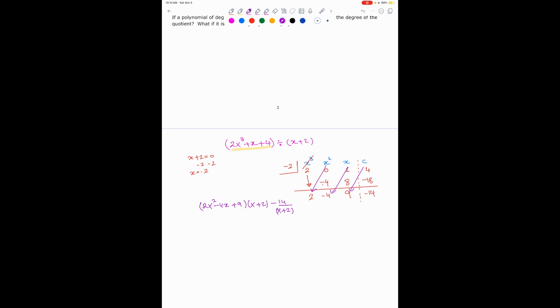Like so. So this is basically the division of this polynomial with that binomial. This is again the quotient. This is the divisor, and this is the remainder. We usually write it over the divisor. So that is basically how you're going to do the synthetic division.